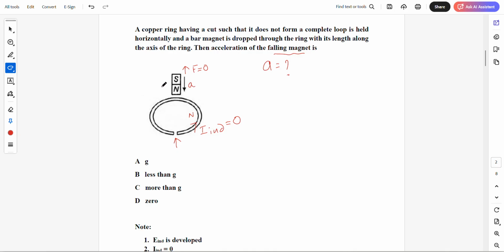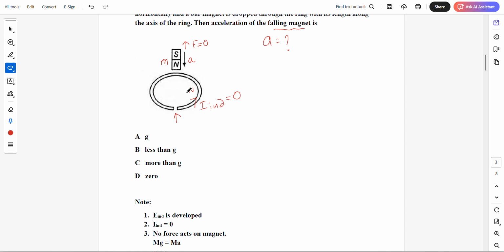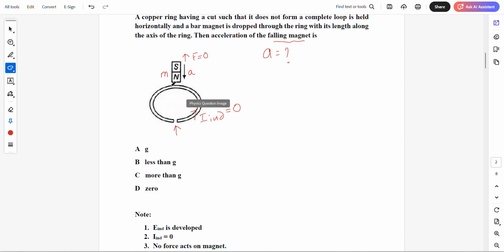Let m be the mass of the bar magnet and acceleration be a. Now force mg will be acting. I have written here that E induced is developed. No doubt E induced is there, but I induced is zero.